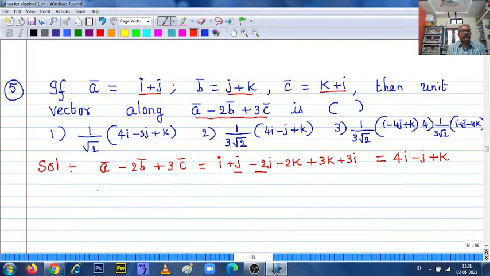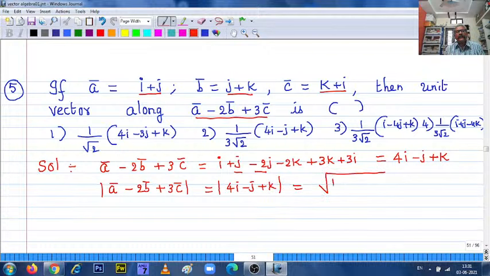That means first of all find out modulus of a bar minus 2b bar plus 3c bar. So that is modulus of 4i minus j plus k. That is under root of 4 square, 16, minus 1 square plus 1 and plus 1. That will be root 18. That we can write root of 9 into 2. That will be 3 root 2.